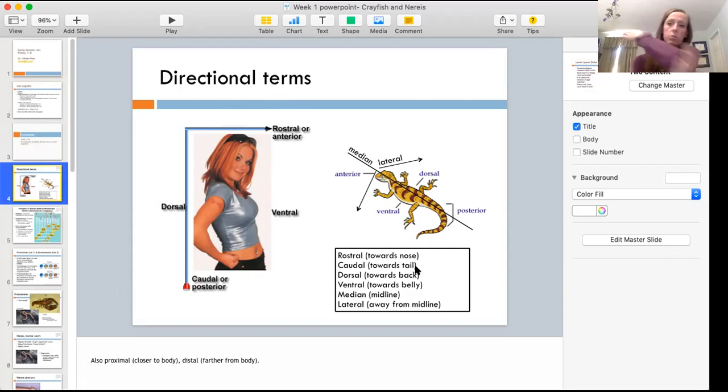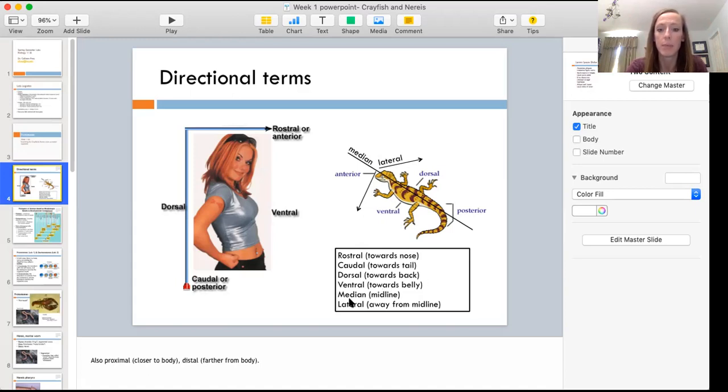And then dorsal is towards the back, okay? And again, this is on a 2-legged animal that's sort of upright in the air, right? Vertical. It would still be towards the back on a 4-legged organism, but it would be in a horizontal plane, right? Towards the sky, right? So dorsal is towards the back, ventral is its opposite, towards the belly.